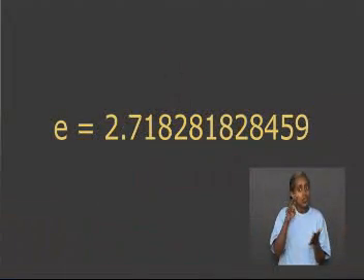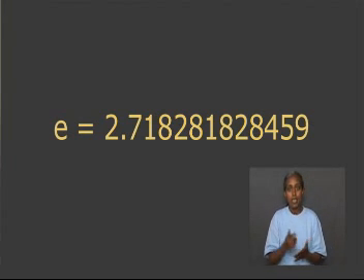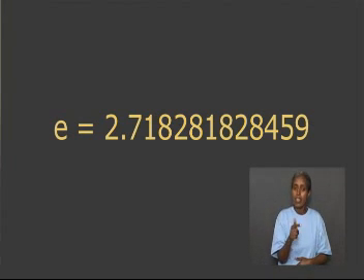You see that as n grows larger and larger, the amount after 1 year tends toward 2.71828182459, and so on. That is to say, it tends toward the irrational number e.